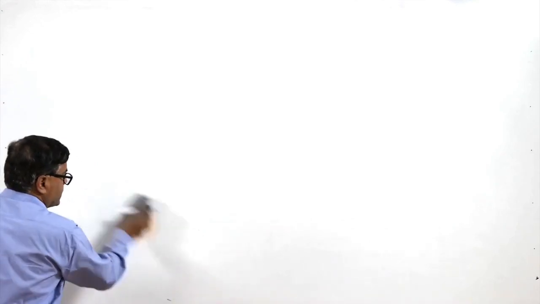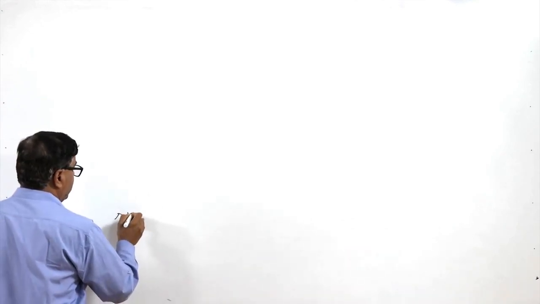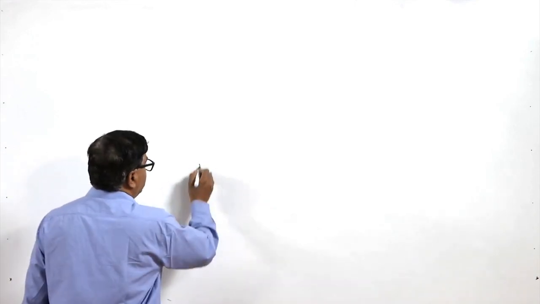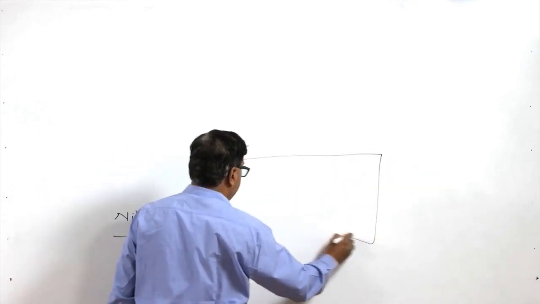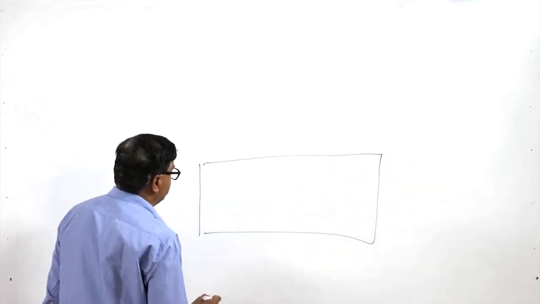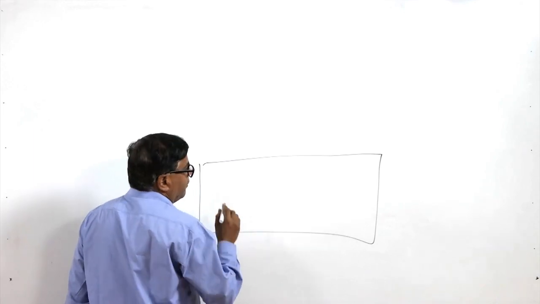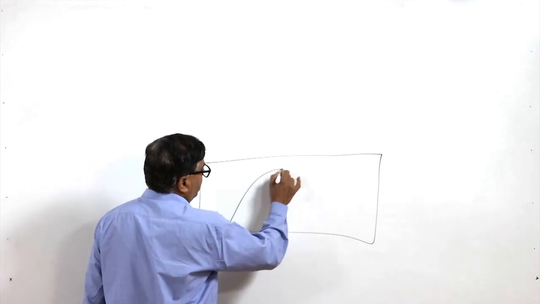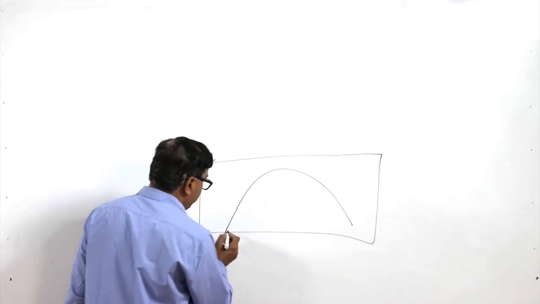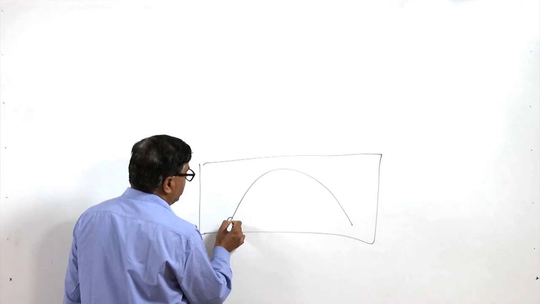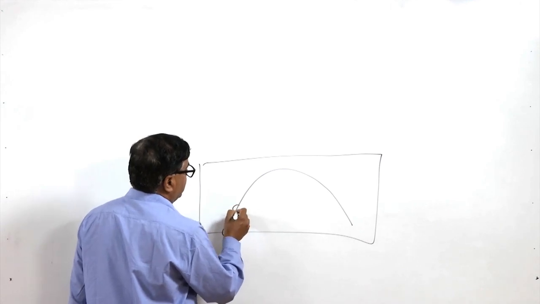Another one is nibbling. In nibbling, particular profiles are generated into the sheet metal. So here this is a sheet metal in the top view. We need to make a cut in a particular profile like this. So sequentially, punch and die will be used for making successive cuts like this.